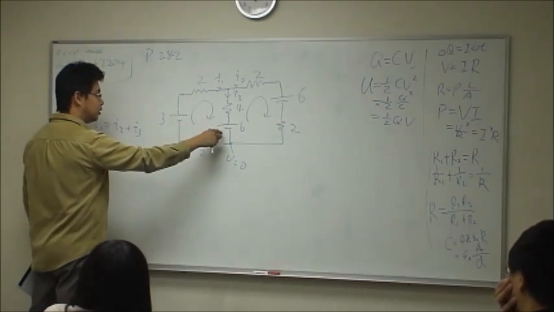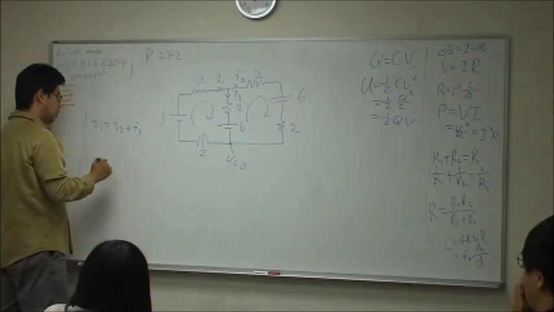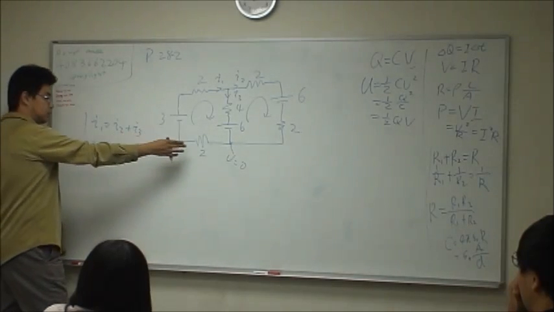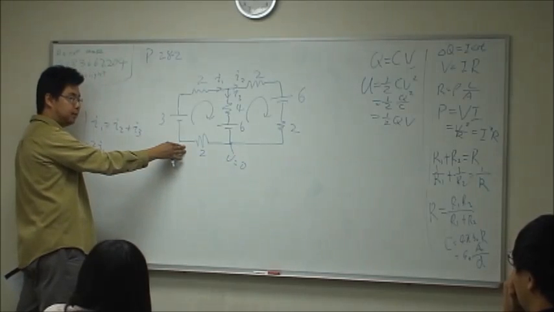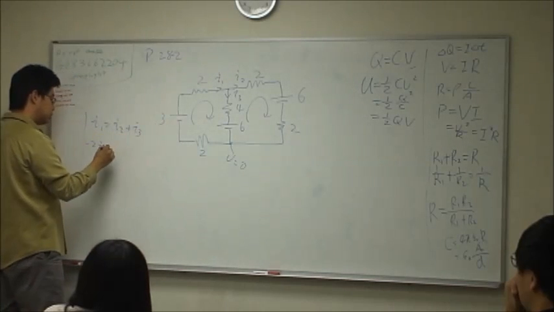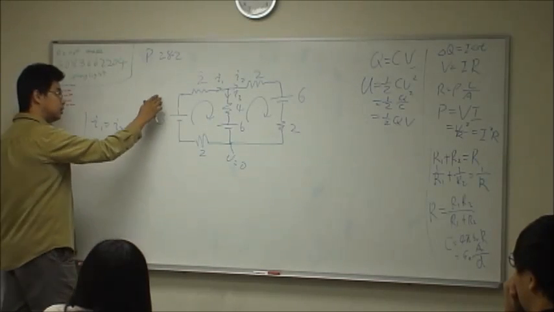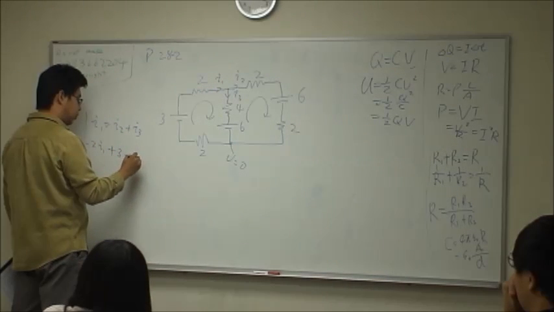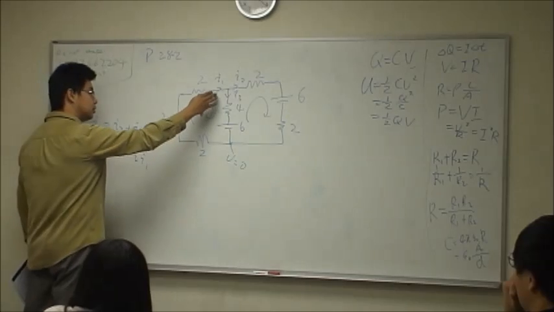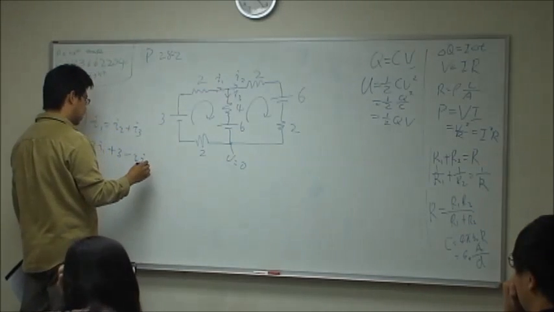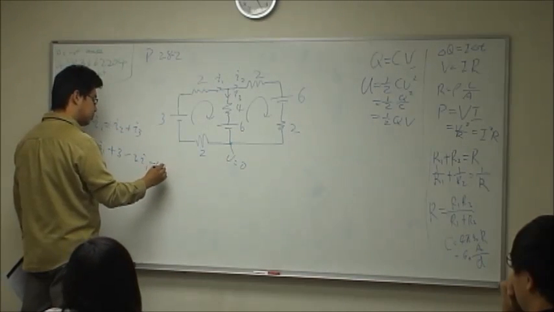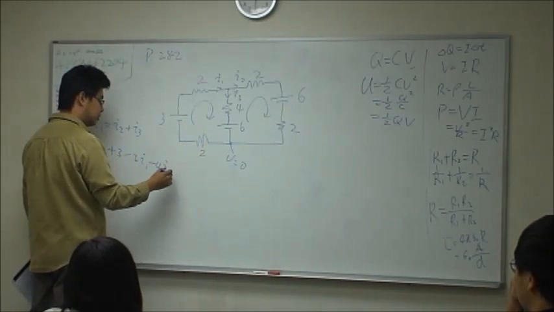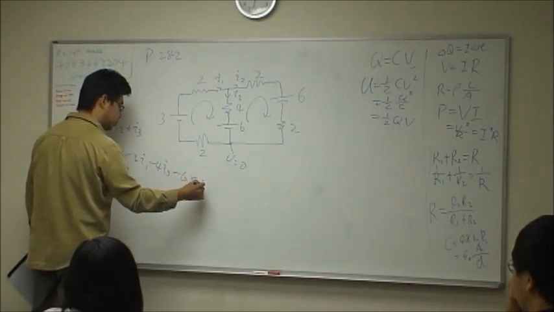Here the current I1 goes this way, so the voltage drops by 2 times I1, then increases by 3 volts, then drops again by 2 times I1, then drops once more by 4 times I3, and then drops again by 6, which is equal to 0.